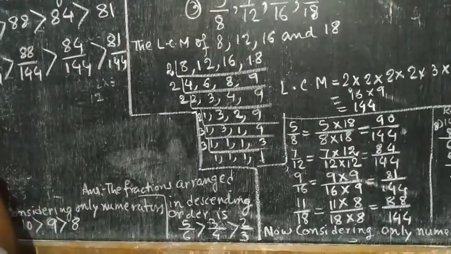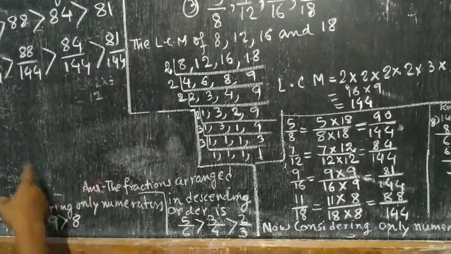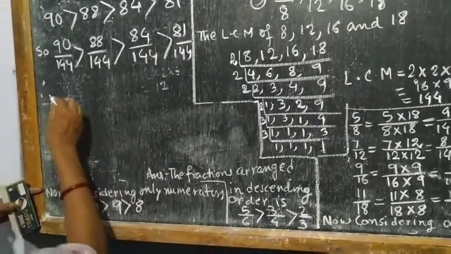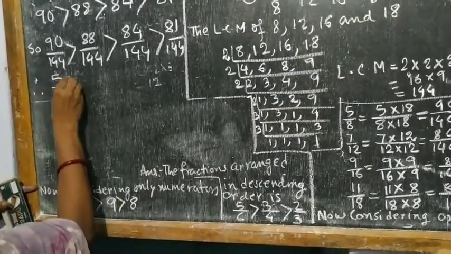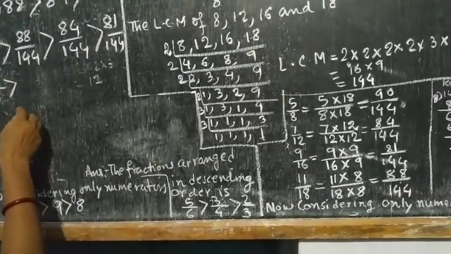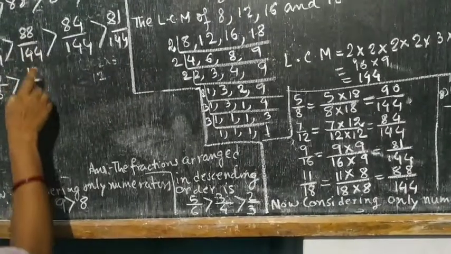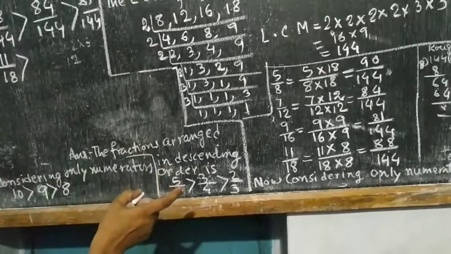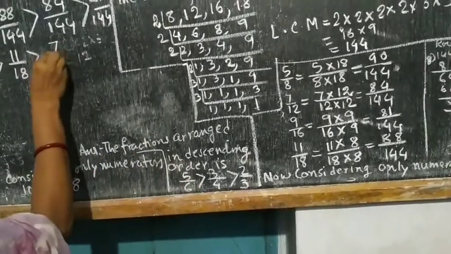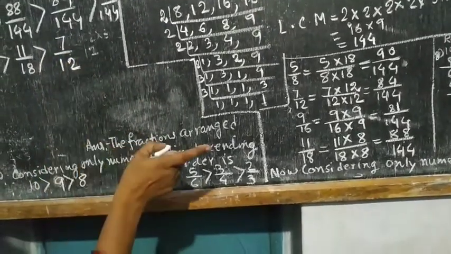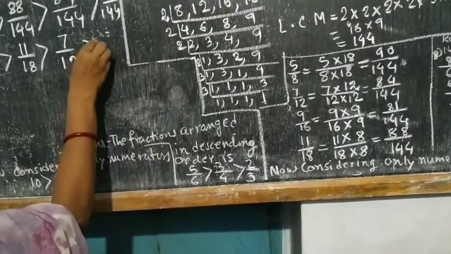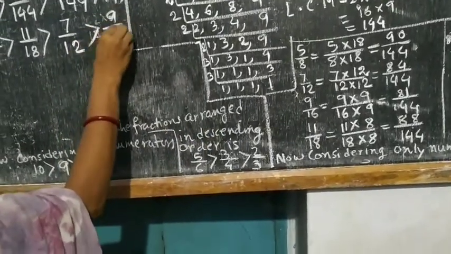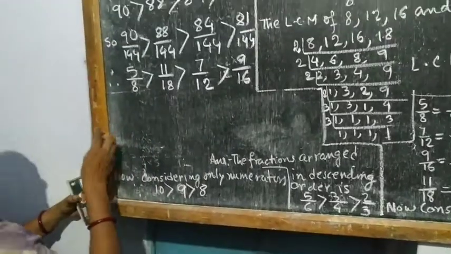So therefore 90 by 144, which means 5 by 8, is greater than 11 by 18, because 88 by 144 is equal to 11 by 18. 84 by 144 is equal to 7 by 12 and 81 by 144 is equal to 9 by 16.